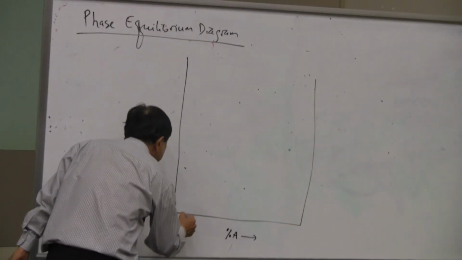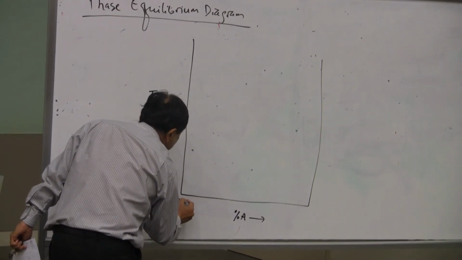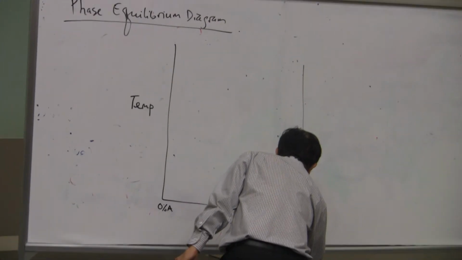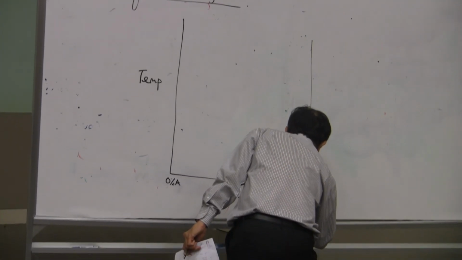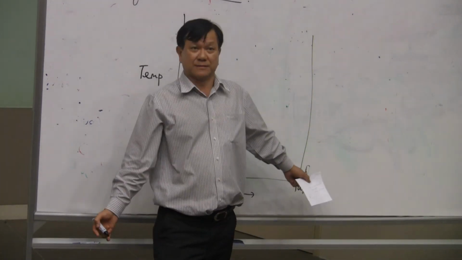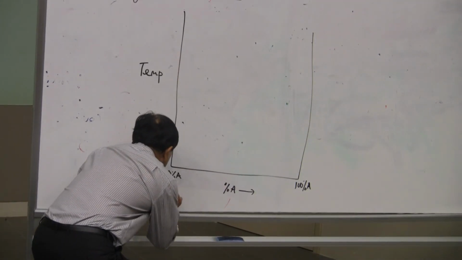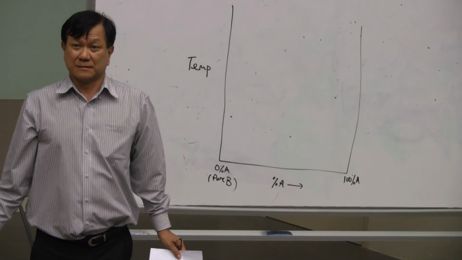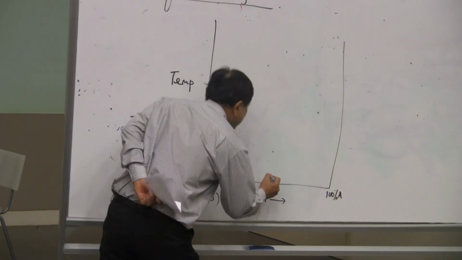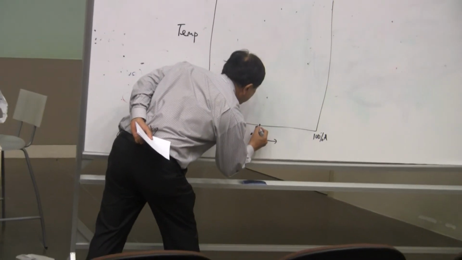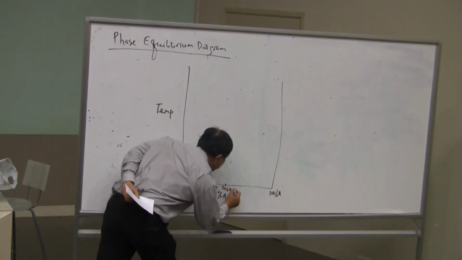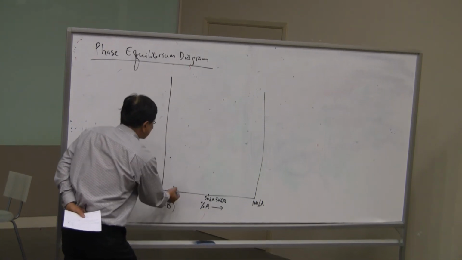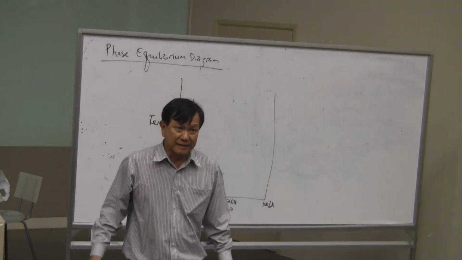Since A goes this direction, here must be 0% A, and here must be 100% A. That means here I have pure A, and here I have pure B, because it is 0% A. When it is in the center, it will be 50% A. If it's 50% A, the remaining must be B, so the two add up to 100%.